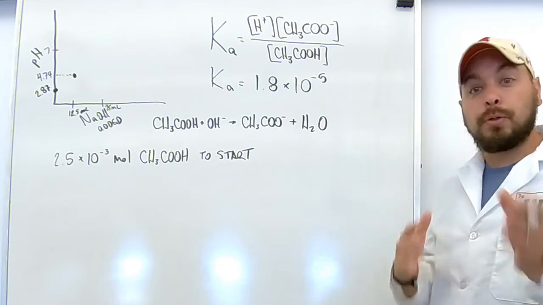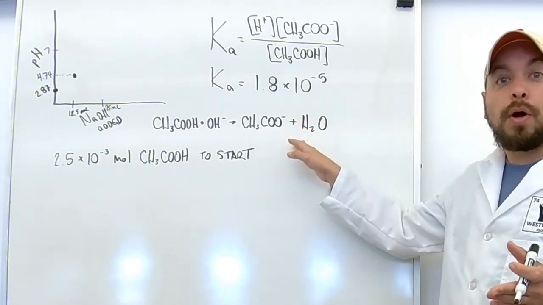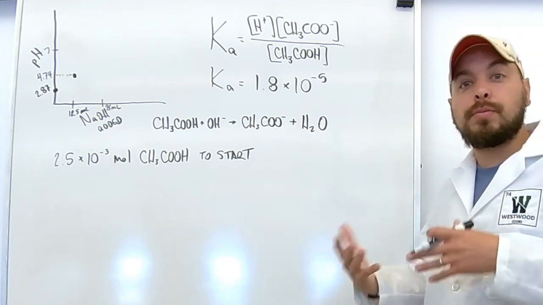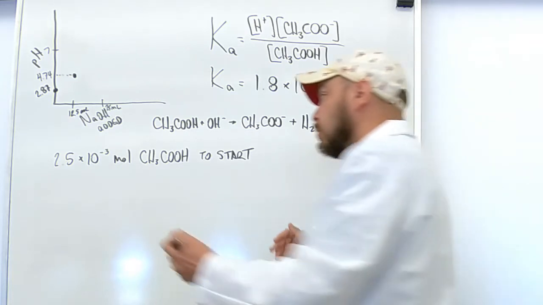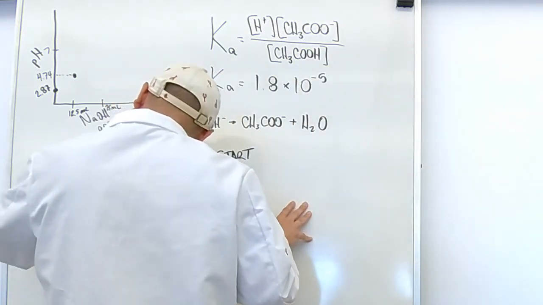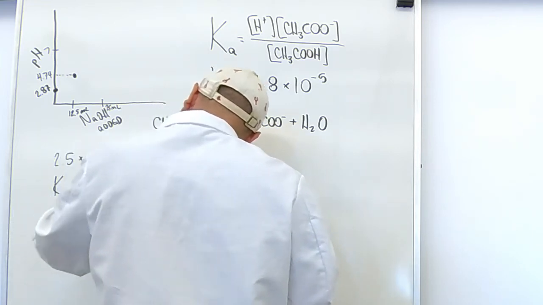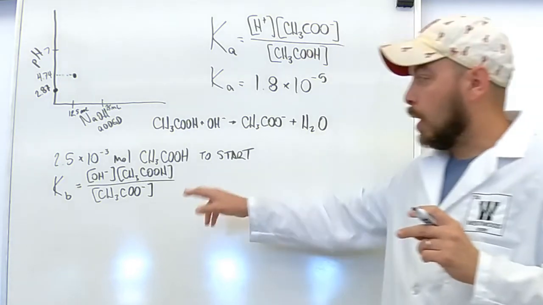So what I'm going to do is write the equilibrium expression, assuming that we only have a weak base in water, because a weak base in water is going to be dictated by the Kb equilibrium expression. Couple things to note.